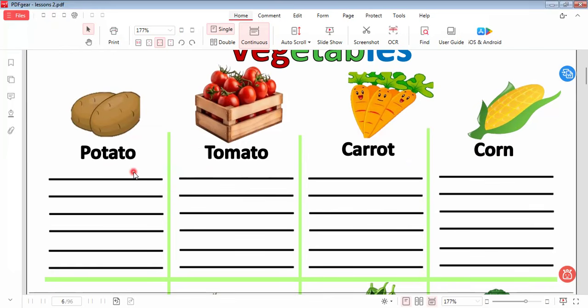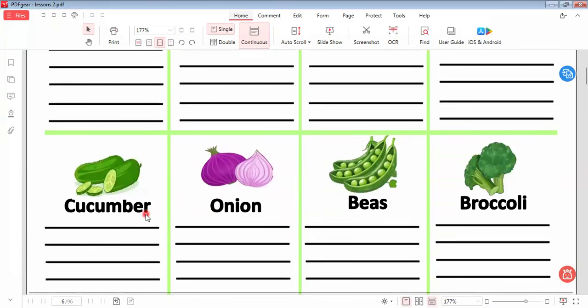Okay, so here we have potato, tomato, carrot, corn. Cucumber, onion. Peas, there is a mistake here. This should be spelled with a b, like beans, not like peas. Beans written like this.